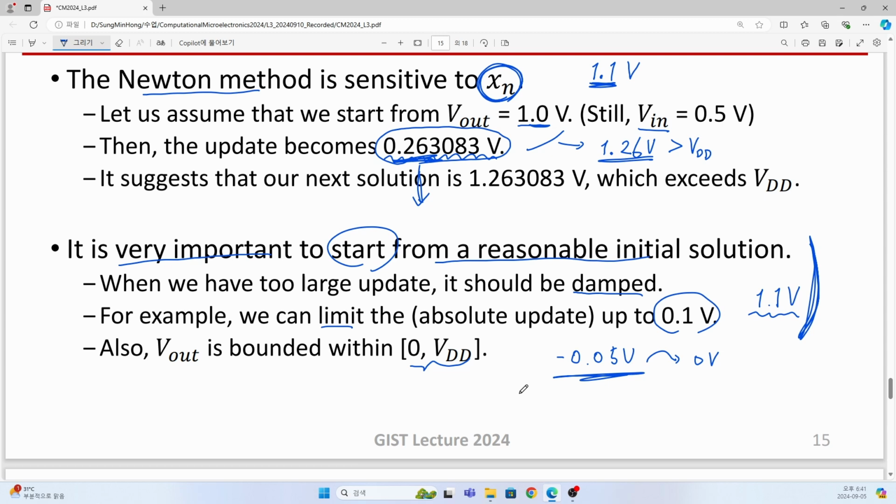At the beginning, it is far away from the realistic solution, so it becomes quite unstable. But if we restrict it in that way, then it will eventually approach the realistic solution. Once it becomes quite close, even without this safeguard, it can converge to the realistic solution quite rapidly.